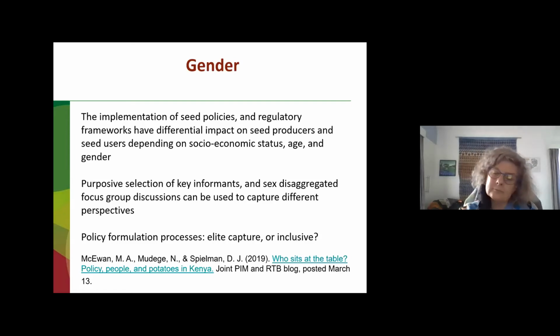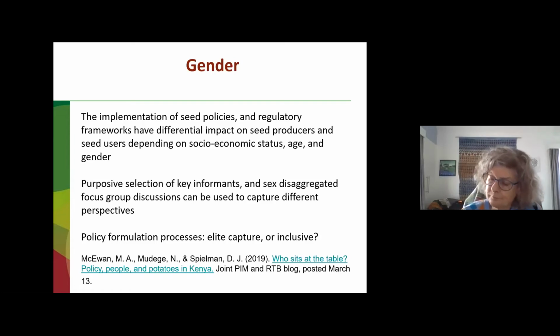So there are a lot of implications around gender and how seed policies and regulatory processes play out on the ground. We try to get an angle on this through purposive selection of key informants and using sex disaggregated focus group discussions so that we are able to capture these different perspectives. We've also done some work looking at the policy formulation process and who is actually involved in this.